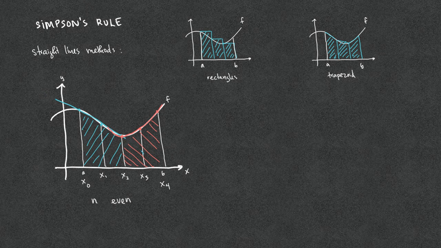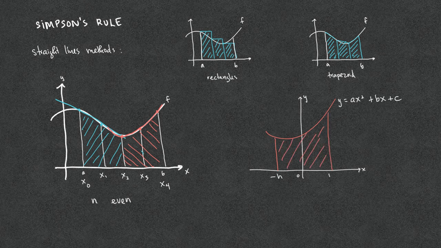The formula for the Simpson rule can be derived by taking any representative parabola and shifting it so that, with the 3 points, we position the middle point at the origin. A standard equation for the parabola is y equals ax squared plus bx plus c.